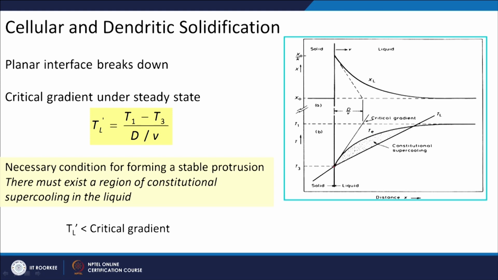So, my melting point will vary like this. At the interface, the melting point is equal to the T3 temperature. Away from the interface, the melting point is T1. So, when the solute content is more, the melting point is less. As the solute content comes down, my melting point is increasing. So, this can be a curve to show you the melting point of my alloy of different solute content at different positions.